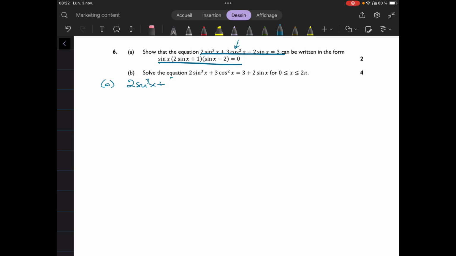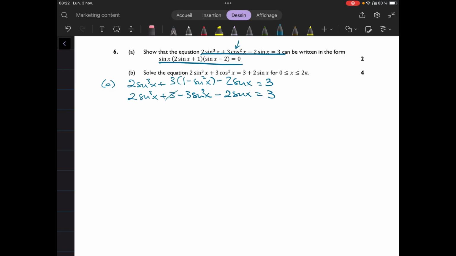Cosine squared is 1 minus sine squared. You can then also notice that the 3 conveniently cancels out.